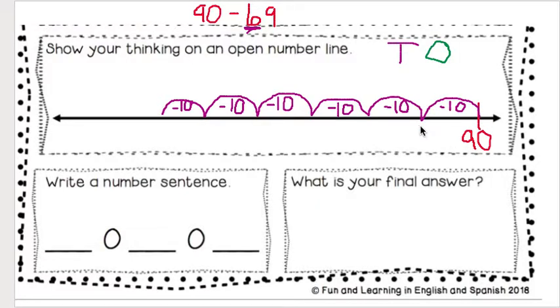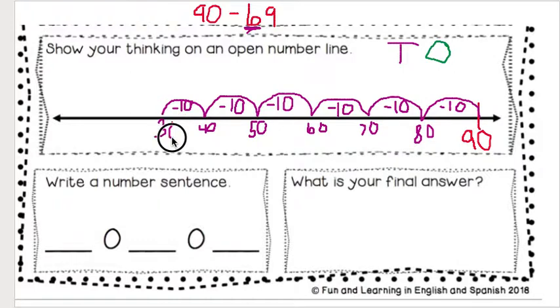So 90, 80, 70, 60, 50, 40, and then 30. And then we're finished up with our tens.